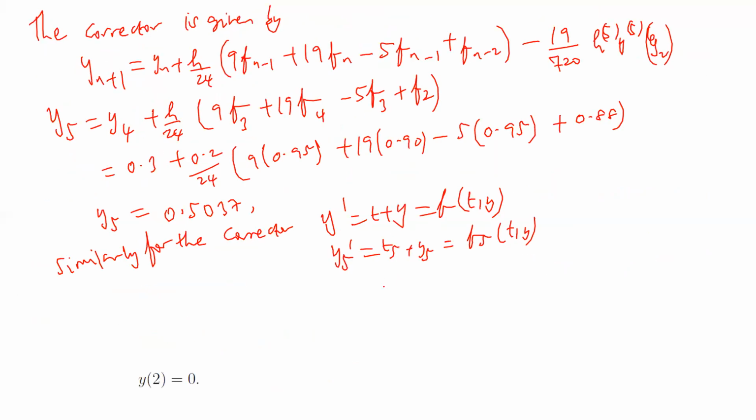So it is 0.8 plus the Y5. Right, obviously the Y5 we've got here. So which means that you add these things here. If you add these things, you get the corresponding F5 for the corrector.